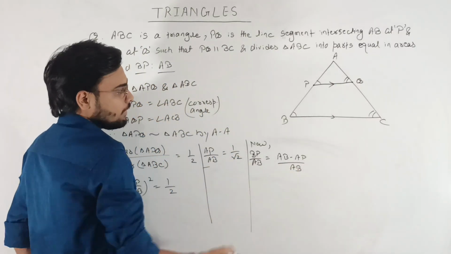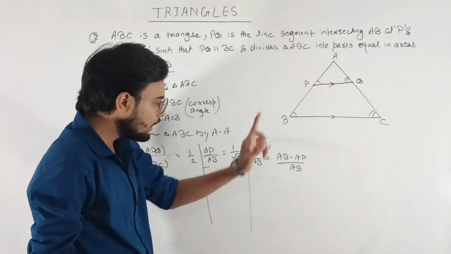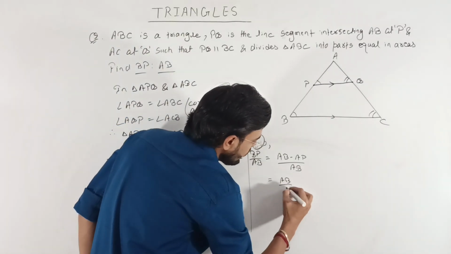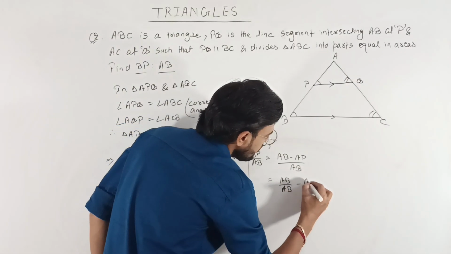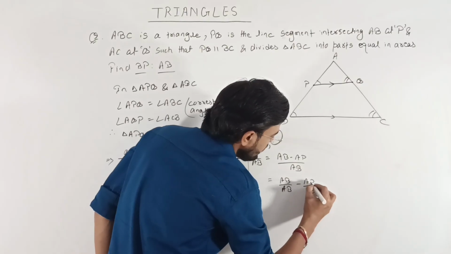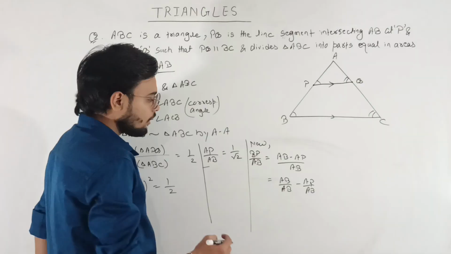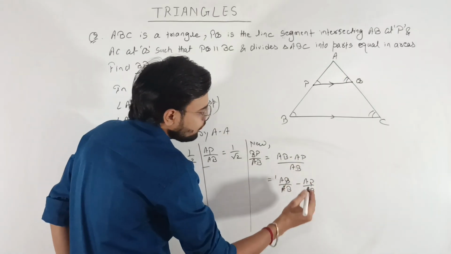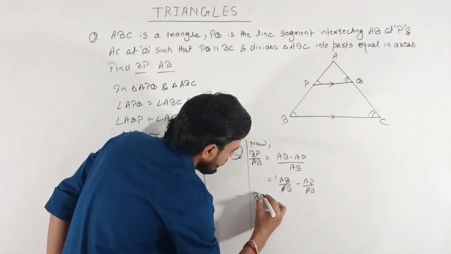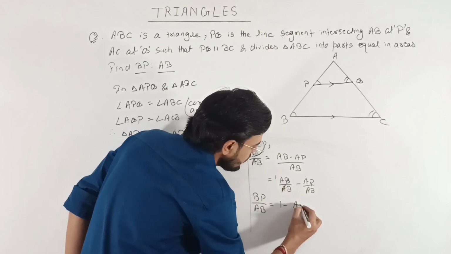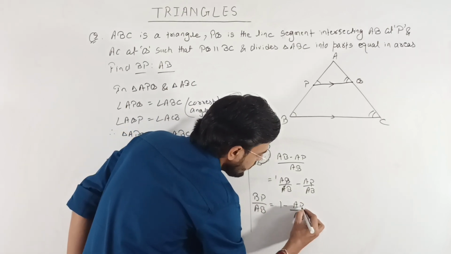If we split this, AB upon AB minus AP upon AB. Now AB cancels, and this becomes 1. Then BP upon AB is 1 minus AP upon AB.